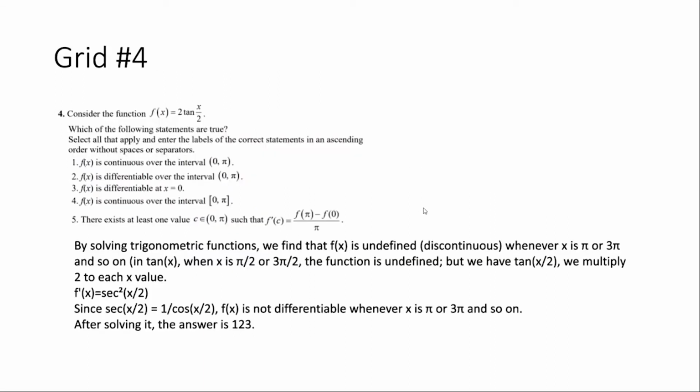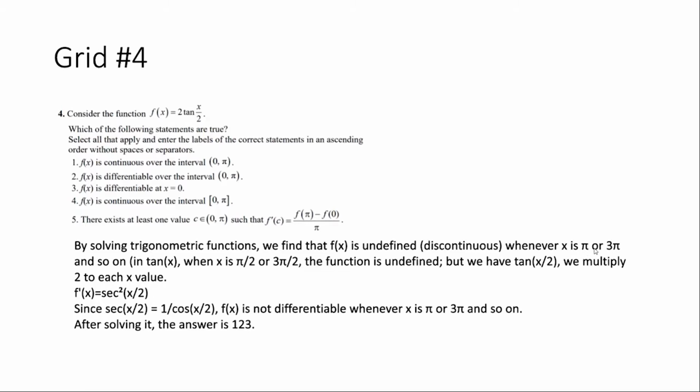Number 4. Given f of x equals 2 tan x over 2, which are true? 1. f of x is continuous over the interval 0 to pi. How do you know if it's continuous from 0 to pi? My strategy is to substitute values. I normally substitute 0, pi over 2, and pi.